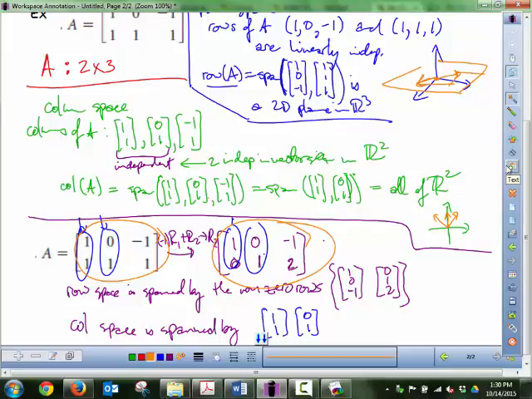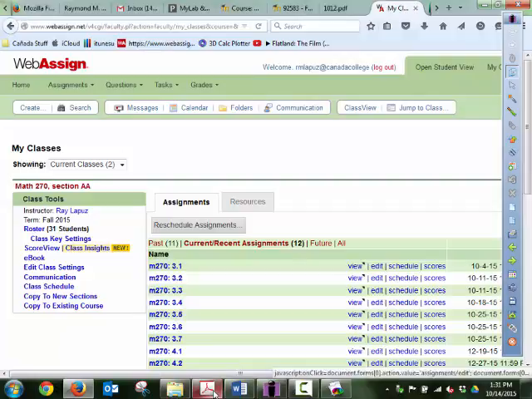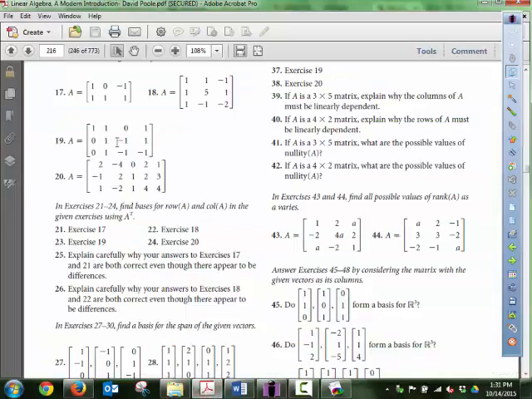So let's do another example in a higher dimension where we are going to try to identify the row space. 19 or 20. Let's do 19.